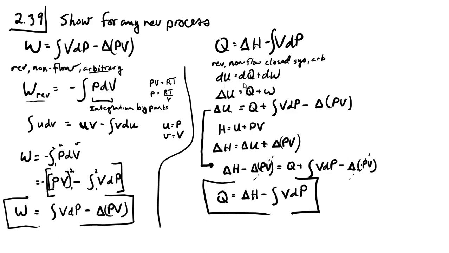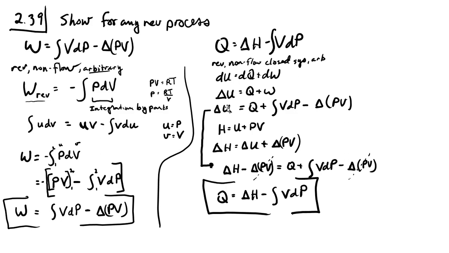So let's think about the equations that we have for a closed system. Well, we've got the energy balance. Energy balance has Q in it. Delta U is equal to Q plus W. Well, we just solved for W, so let's plug that in. And then we get something like this where we have a delta U. So what do we do?